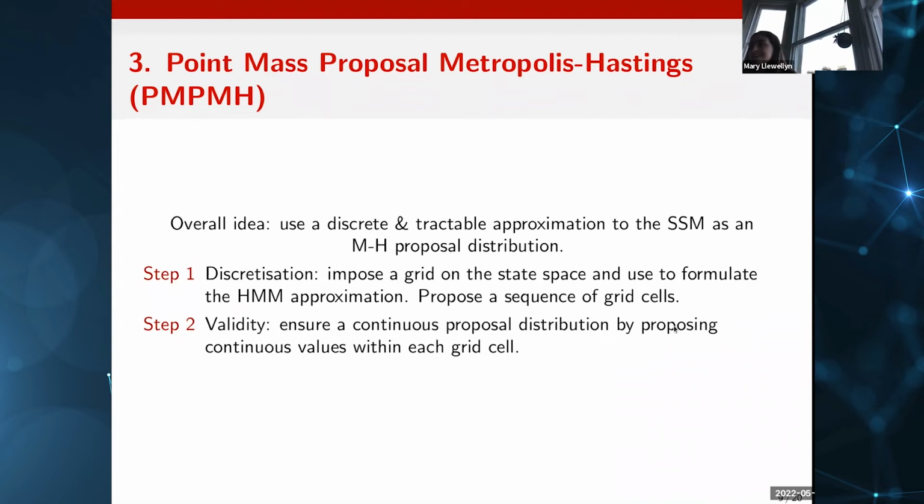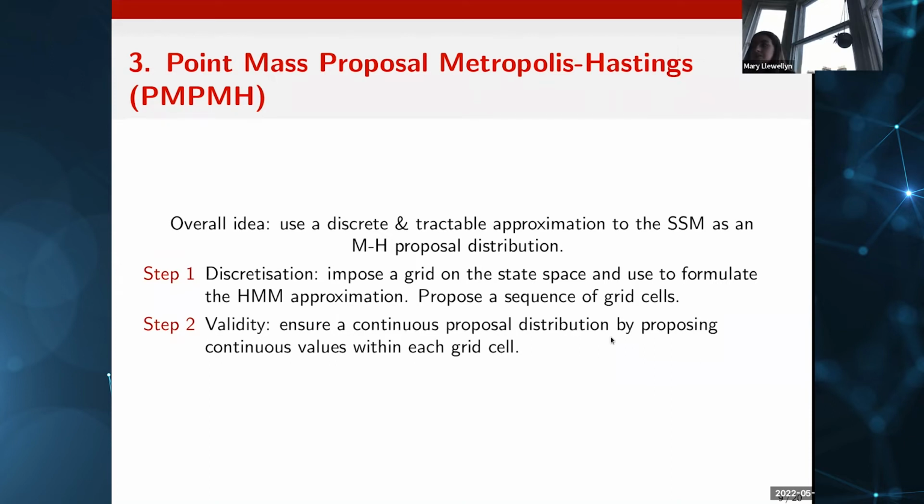And secondly, we address a point that is probably concerning some people. Clearly, if we only propose values in a discrete space, we're not going to have a Metropolis-Hastings algorithm that converges to the target distribution, right?